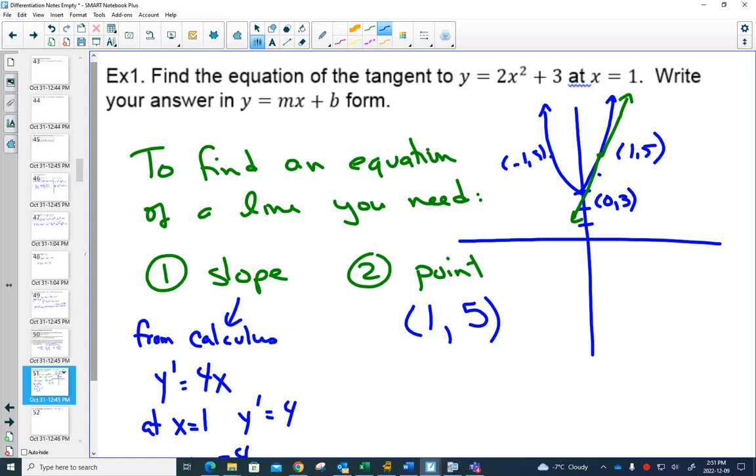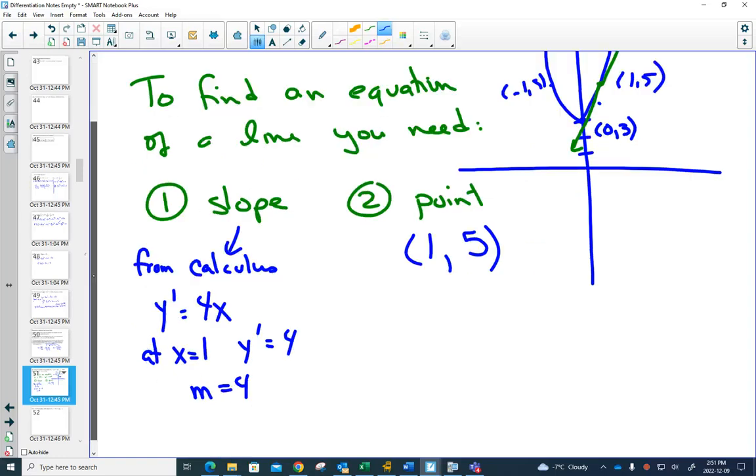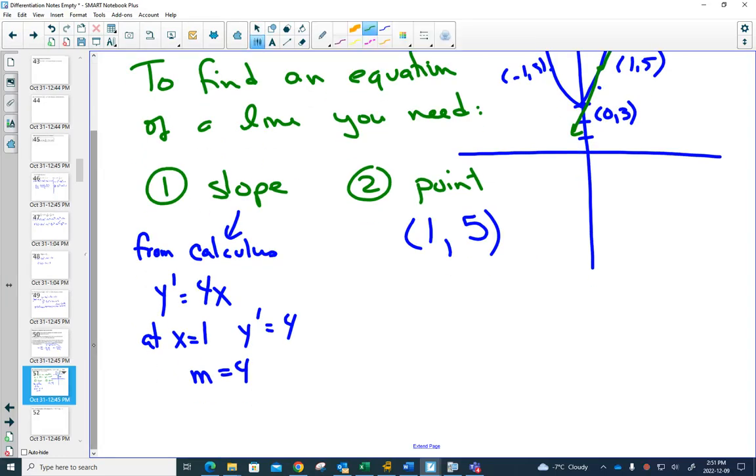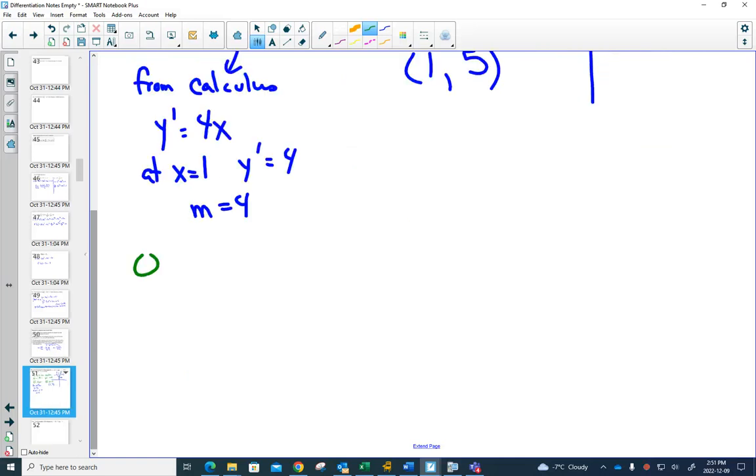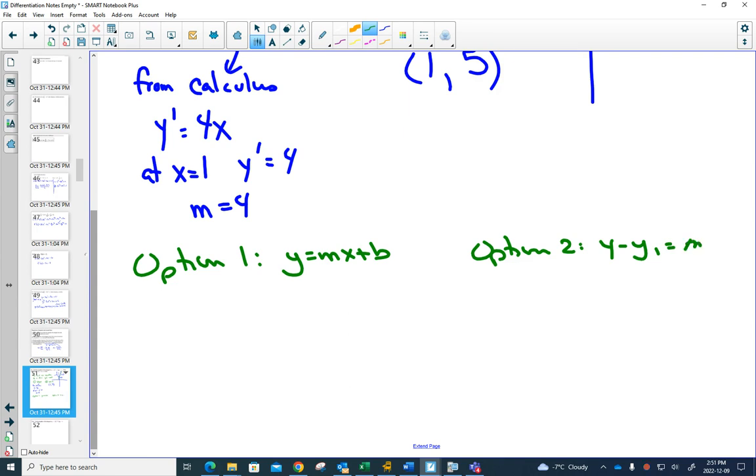Once you have the slope and the point, you have two options to find the equation. Some students, here I'll split my page up here, I'll say option 1, y equals mx plus b, and option 2 would be y minus y1 equals m(x minus x1).